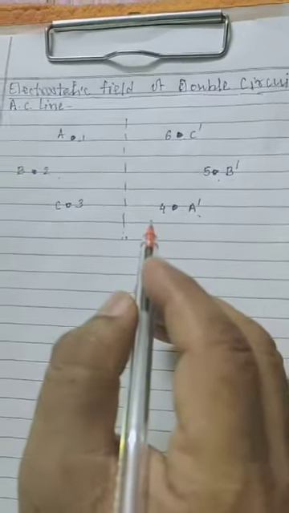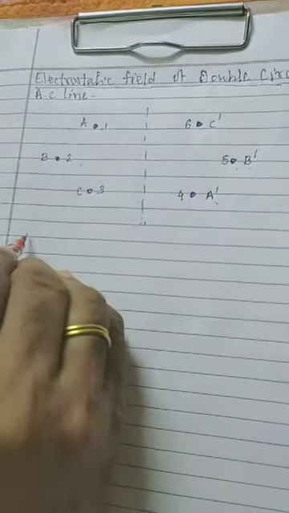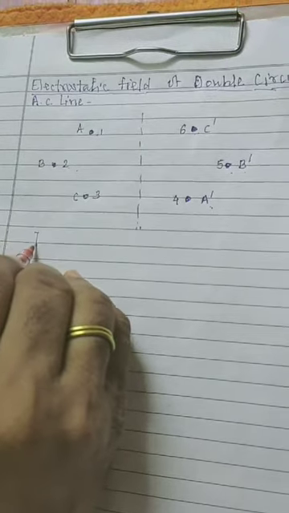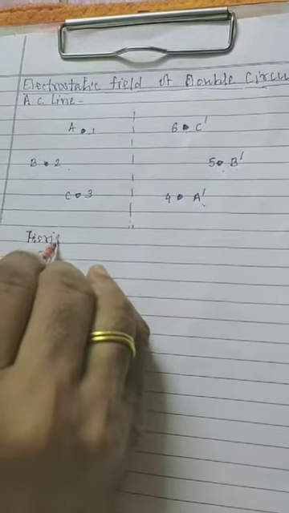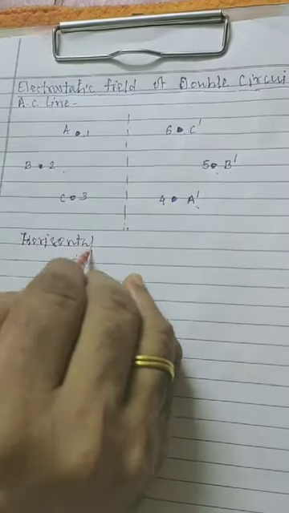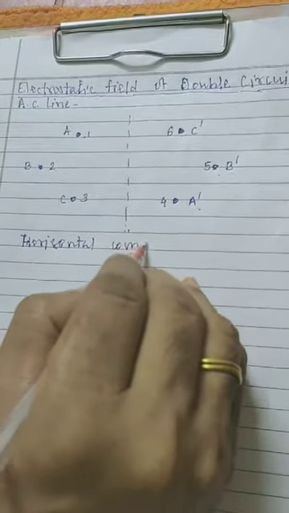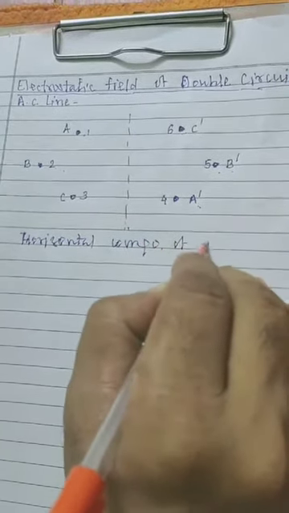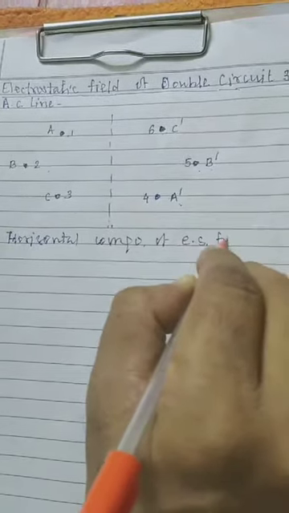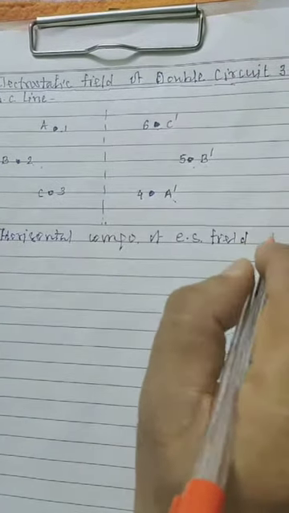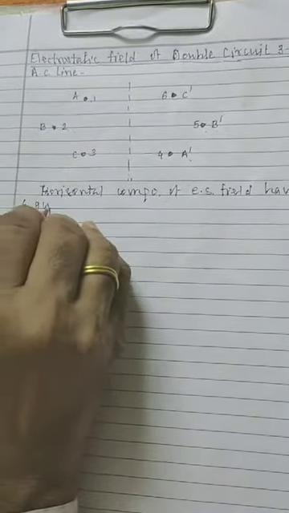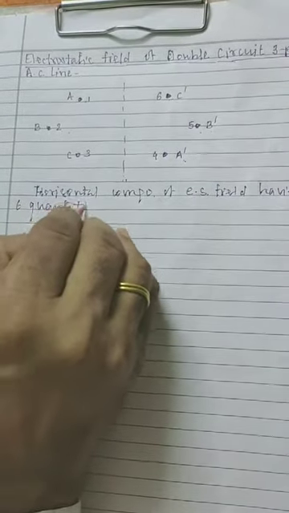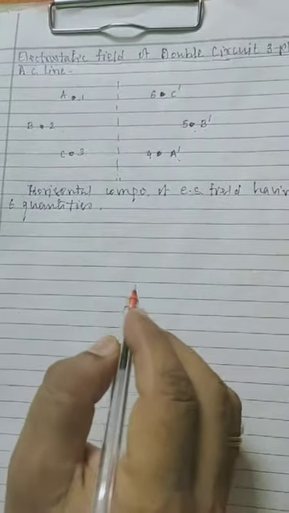So the total horizontal component of the electrostatic field has 6 quantities, one for each of the 6 phases.